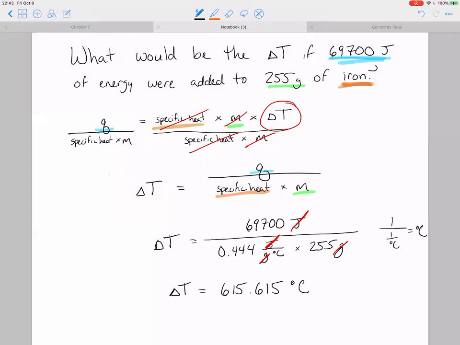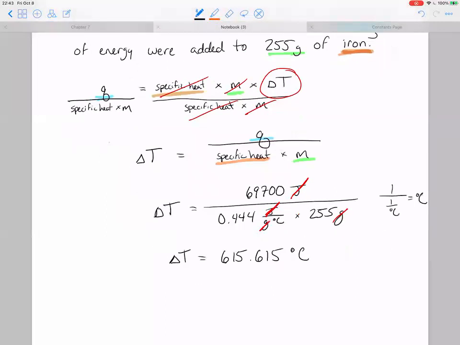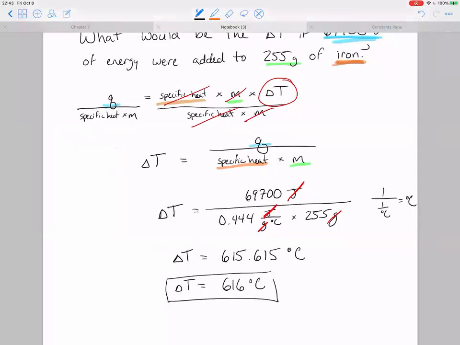So my delta T is 615 degrees Celsius. Again, paying attention to sig figs, each one of these has 3. So really my final answer would be 615. Oh, no, it would not. Rounding correctly, it would be 616 degrees Celsius. That's my final answer here.